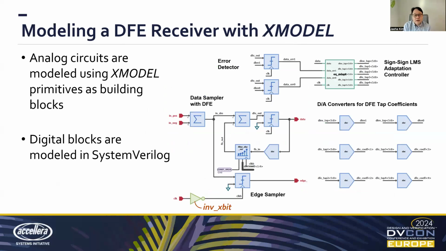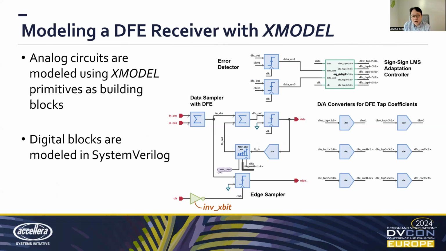XMODEL provides a set of building blocks called primitives, and you can just put them together to build what you want. Because of that, you can also do that in schematic form. What I'm showing here is the schematic model of the decision feedback equalizer receiver, including the digital adaptation controller. But this is essentially a SystemVerilog flow, listing each of the primitives as instances one by one.